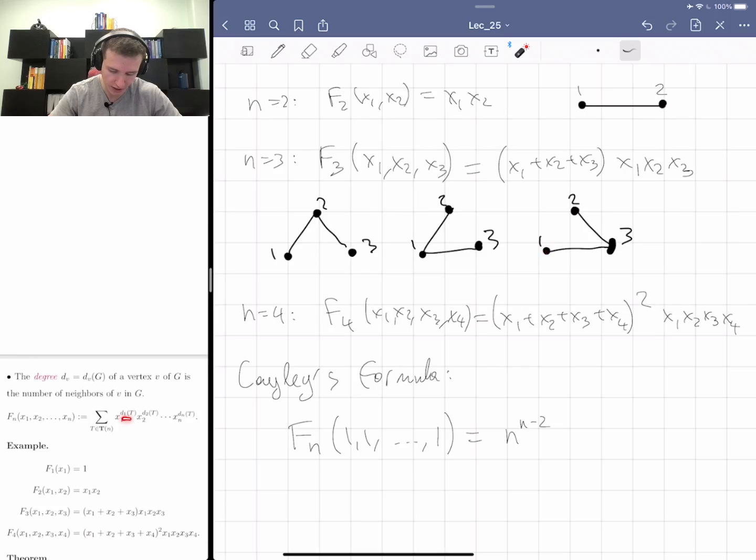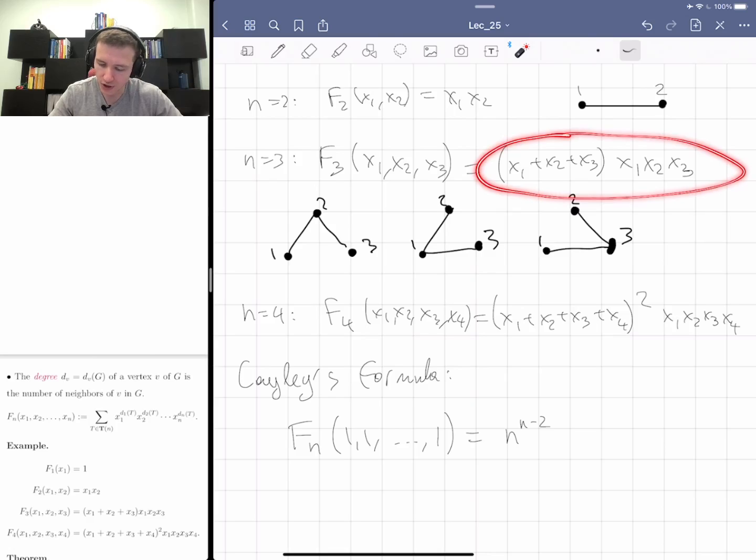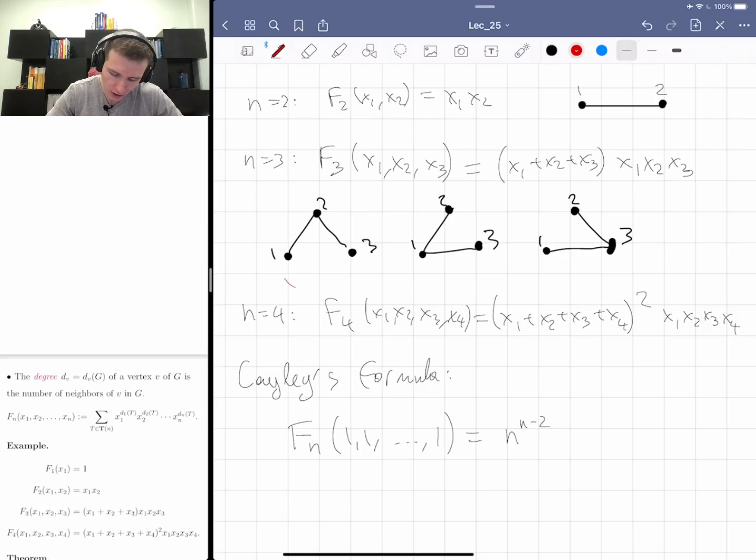So every xi appears with degree at least 1. I was just trying to be clever here and not have to write this term 3 different times, but actually you can just write x1 x2 x2 squared x3, x1 squared x2 x3. This sum can be computed explicitly.